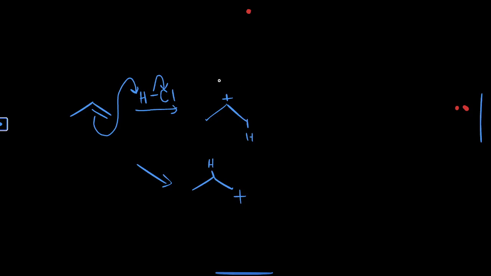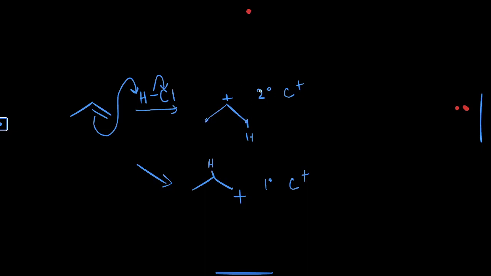Well, we can see that this carbon is a secondary carbocation, whereas this intermediate leads to the formation of a primary carbocation. A secondary carbocation, as the name literally tells us, is bound to two other carbons directly.